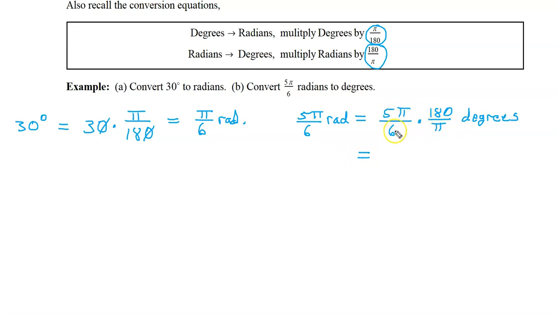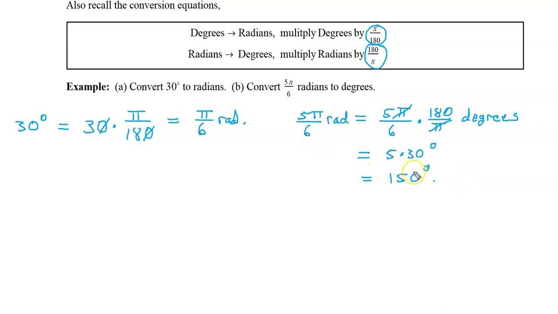5 pi over 6 times 180, well, let's note that the pi's cancel here first. 6 over 180 is going to be 30, right? 18 over 6 is 3. So 180 over 6 is 30, and so this is going to be 5 times 30 degrees, or 150 degrees.